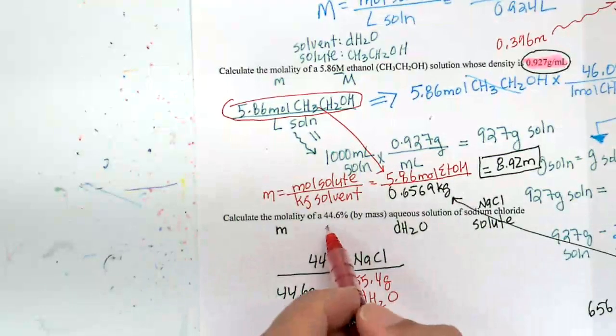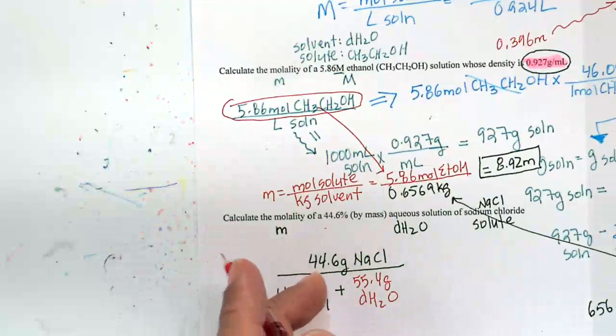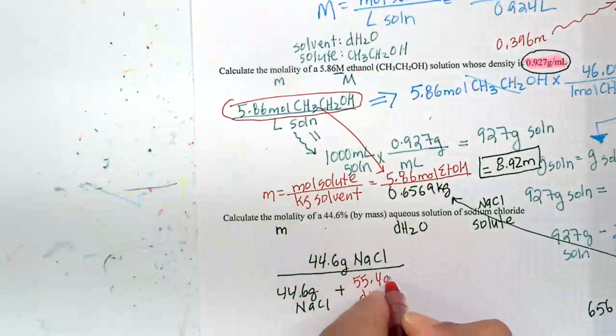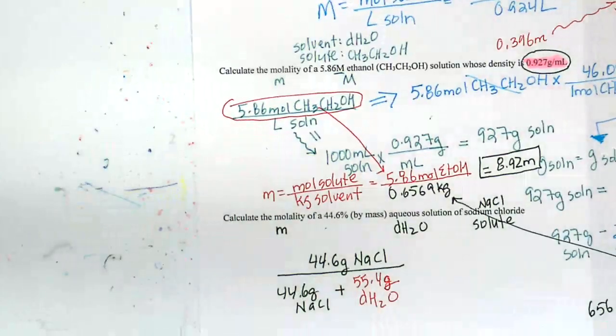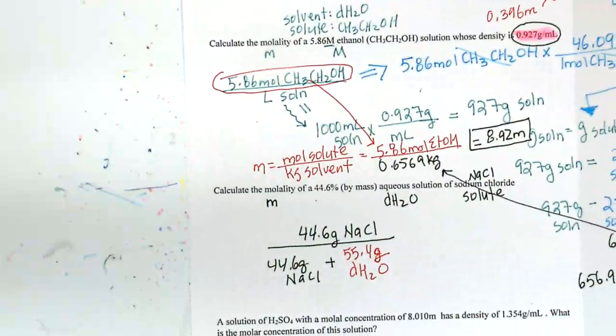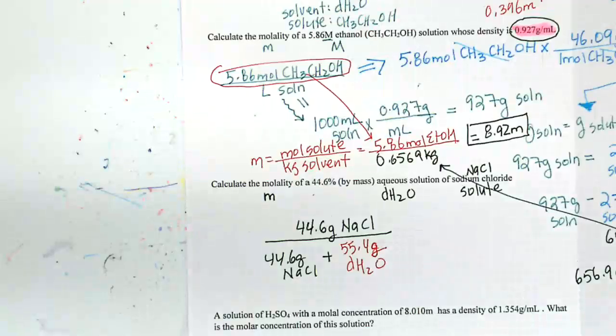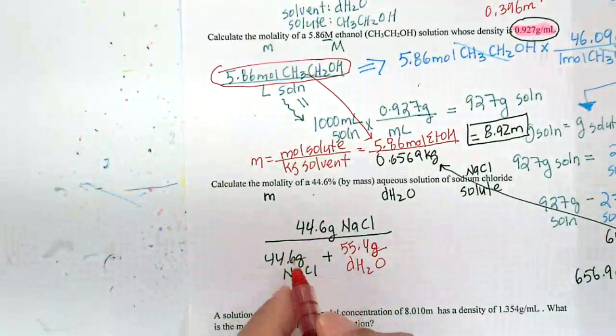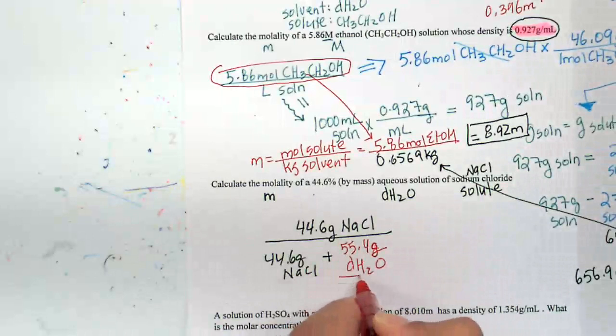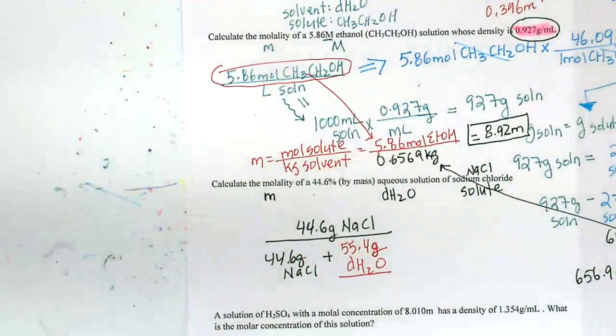If you take this and times it 100, you should get 44.6. All right, so this is our solvent.